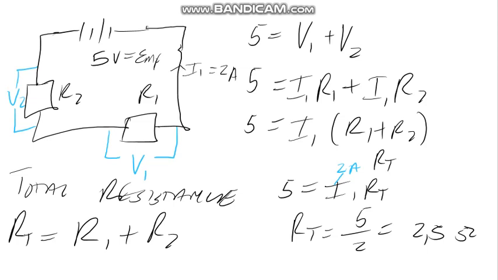Then to calculate the total resistance of a series circuit, you add the two resistors, R1 and R2. So my total resistance is 2.5 ohms. From this 2.5 ohms, I can simply say that when I add my resistors, they should give me 2.5. We'll calculate the individual resistors on the next slide.